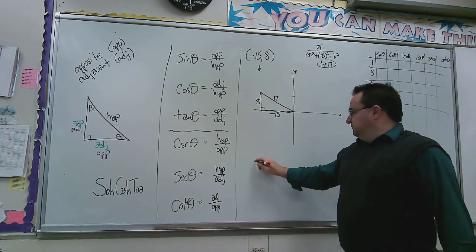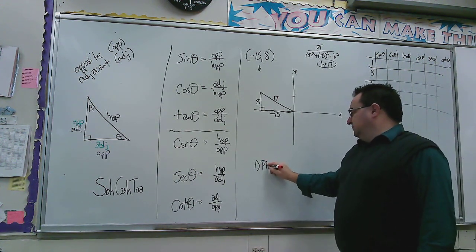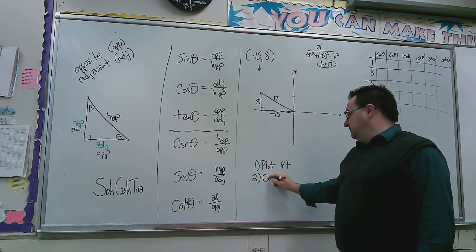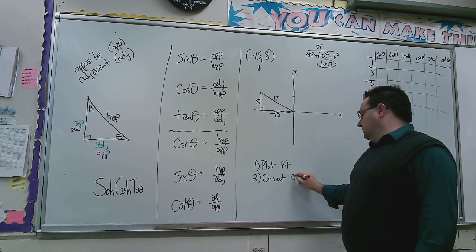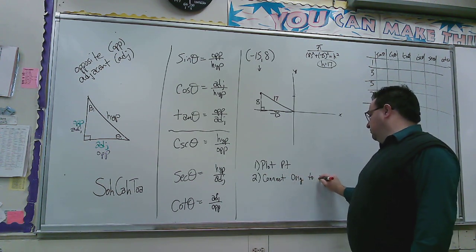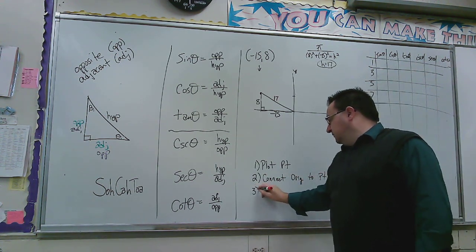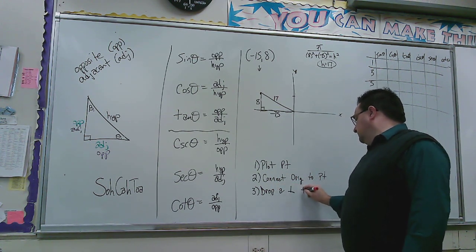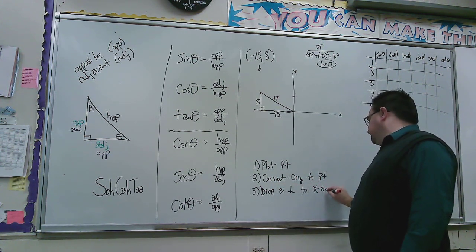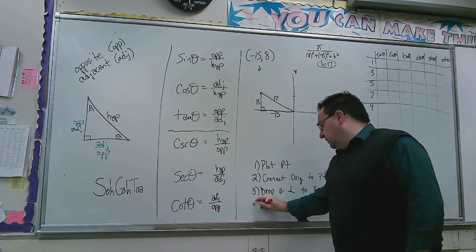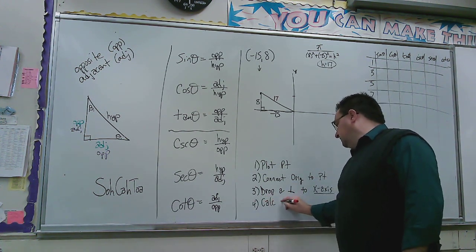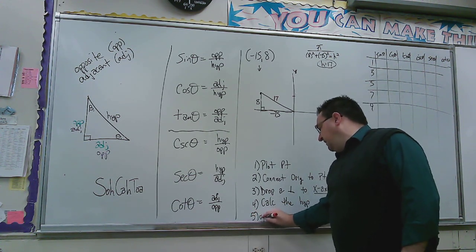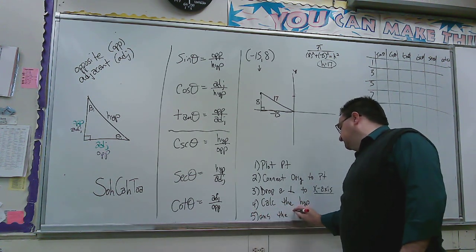You are going to, 1, plot the point. 2, connect origin to point. 3, drop a perpendicular to the x-axis. 4, calculate the hypotenuse. 5, answer the questions.